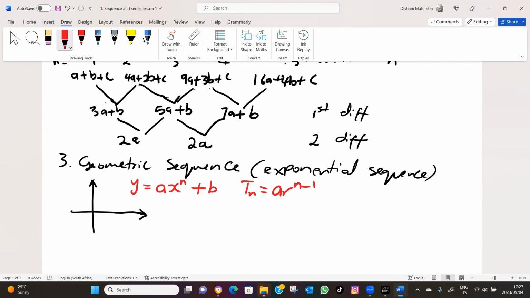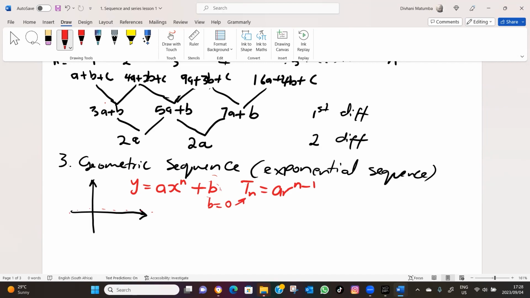So as you can see, these two equations have a similar form. The only thing that we do not have is the shift in the horizontal asymptote, which is the value of b. It means the asymptotic value is 0 in this function.